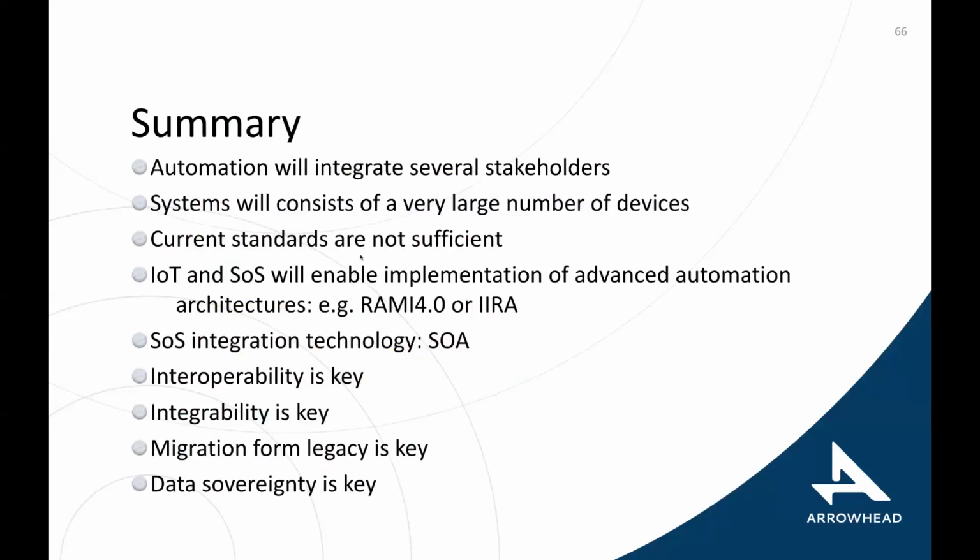The system seems to be able to implement the advanced proposed architectures like RAMI 4.0 and the Industrial Internet Reference Architecture. And the preferred technology today is service-oriented architectures, and we have a couple of things which are key to actually make this work: the ability to integrate these things, to migrate from legacy, and to have control over the data that is produced.